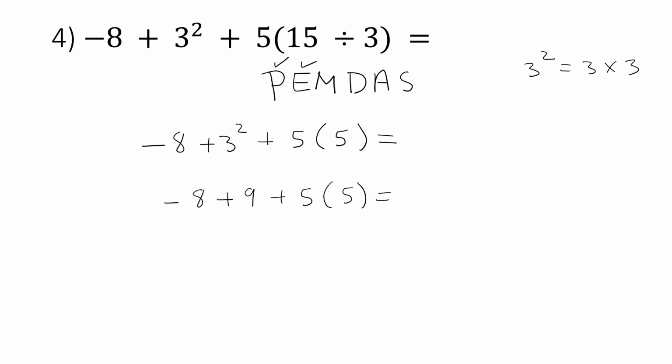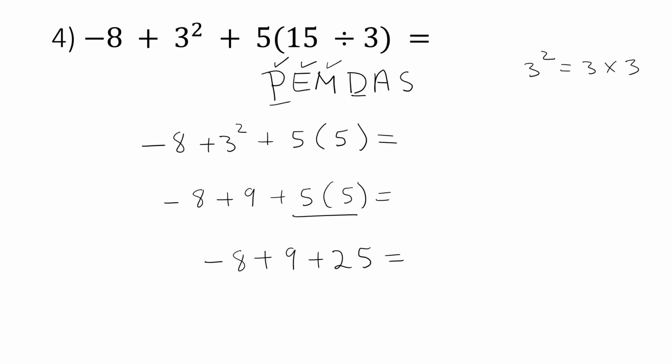So exponents check. Now let's see if there's multiplication. Yes, this bracket here is telling us to multiply. So then we have minus 8 plus 9 plus 25. Yep, plus 25. And then we have what? Division. Well, division already took place inside the bracket, so we emphasize the bracket for the division, so no division on its own.